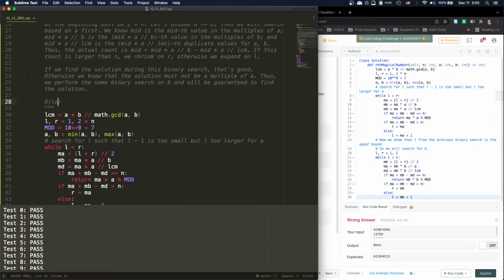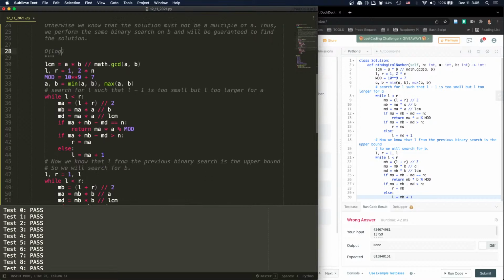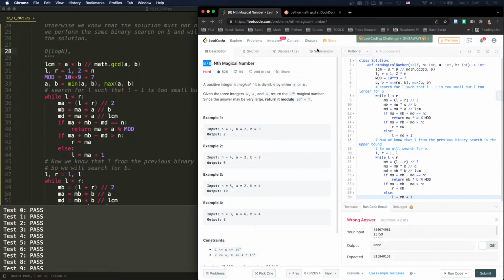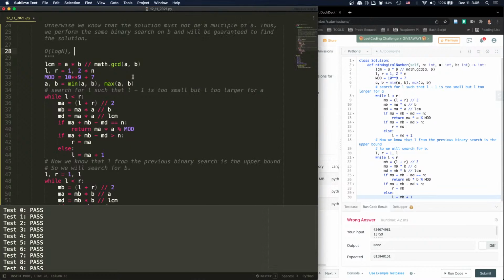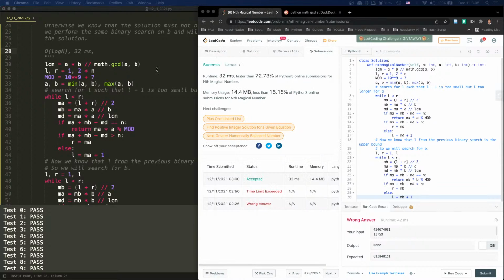So that's going to be O(log n), all right, and we ran in 32 milliseconds, and a 72% ranking.